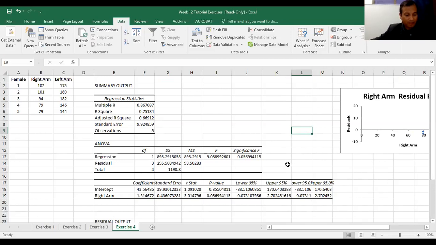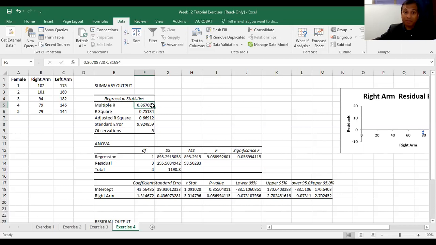What is the linear correlation coefficient R? R is 0.86. So 0.86 is in the range of 0.8 to 1.0. So we can say there is a strong relationship. You see the way I'm writing the answer?